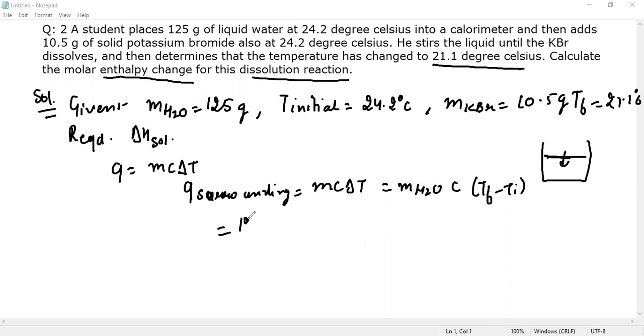The specific heat value for water we already know is 4.18. The final temperature was 21.1 degrees, and the initial temperature is 24.2. So let's put these numbers in the calculator. We will have this Q surrounding.